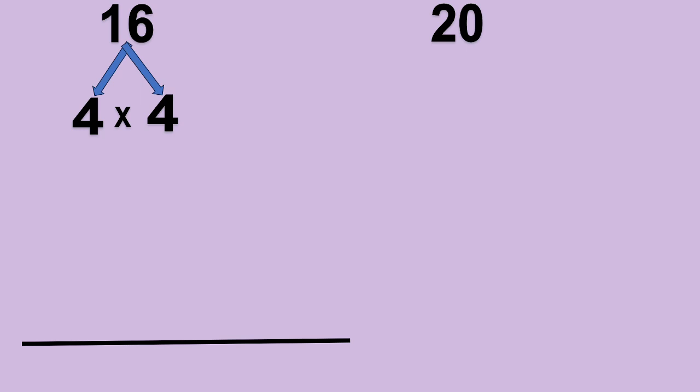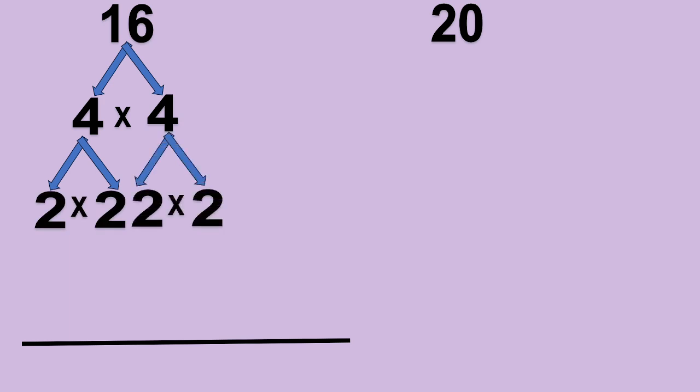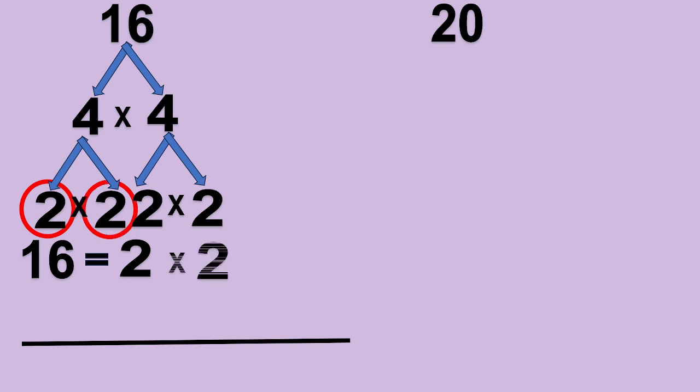Both of our numbers are composite. So we have to split it down. So the factors of 4 are 2 times 2. Now, list the prime factors of 16. We have 2, 2, 2, and 2.